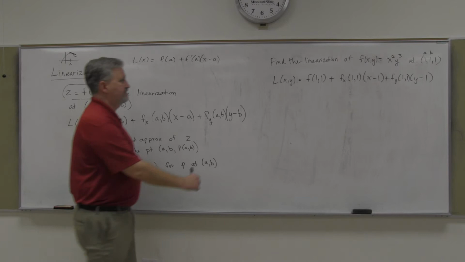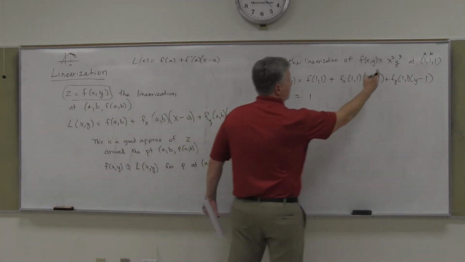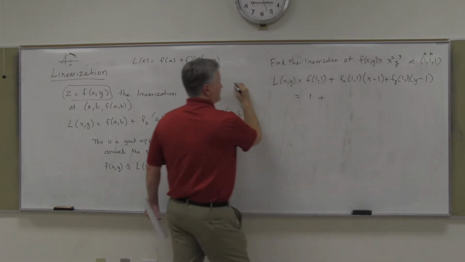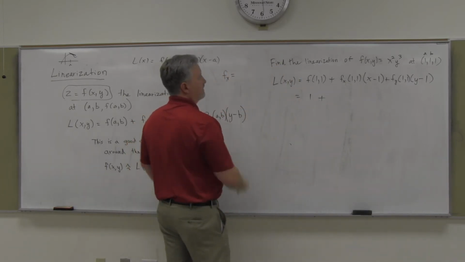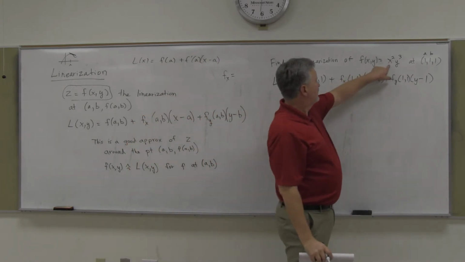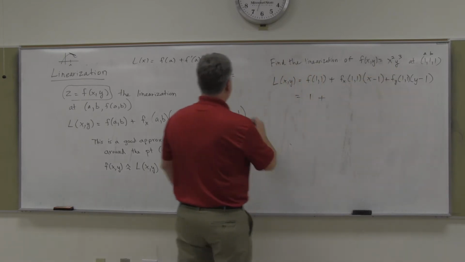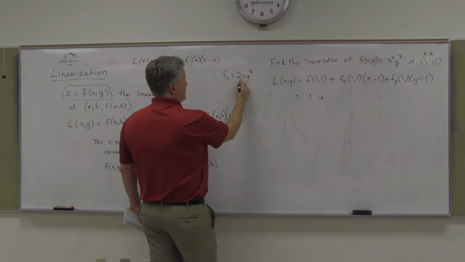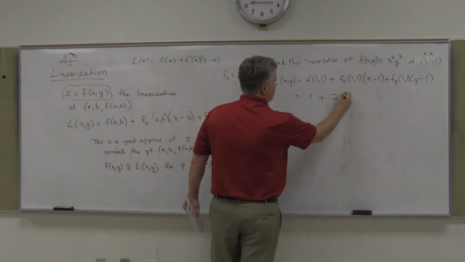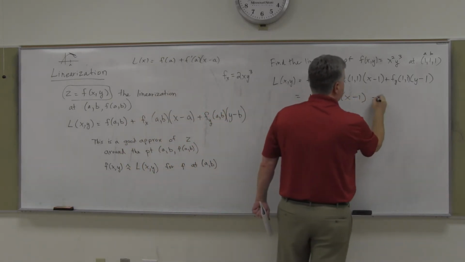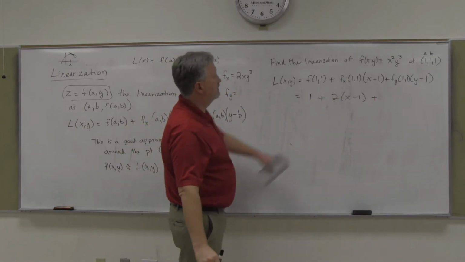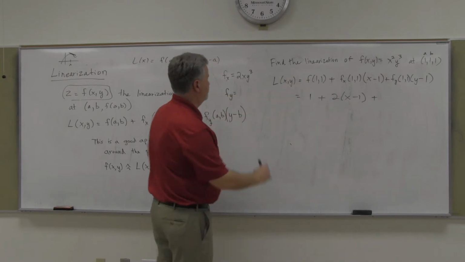Like I said, f of 1, 1 is easy. Plug in x to be 1, y to be 1, you get 1. F partial with respect to x, what do we have there? 2xy cubed. Evaluate that at 1, 1, you get 2. So 2 times x minus 1. Partial of f with respect to y would be 3x squared y squared.